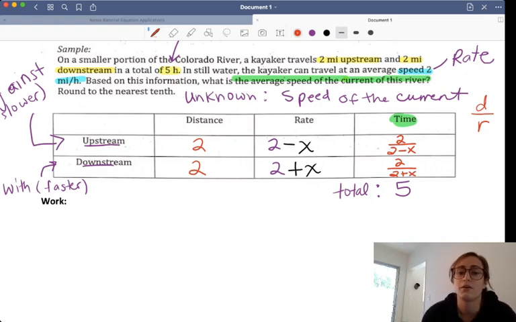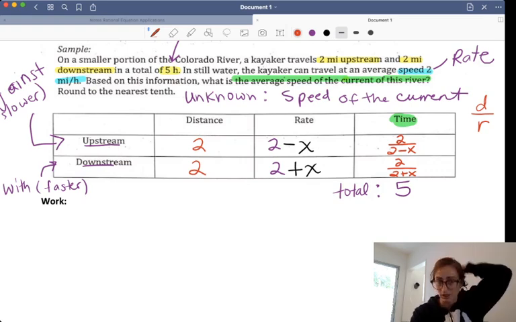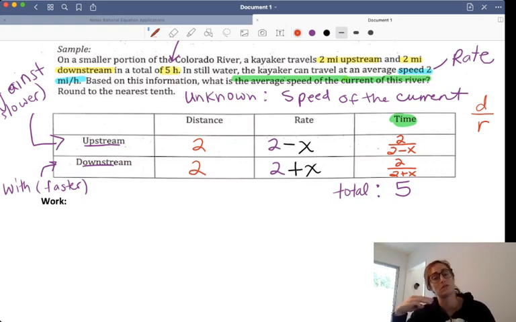Okay, now I have to look at the information I have and figure out what I can use to actually make an equation. Really there's three pieces of information for each part: upstream, downstream, and total.